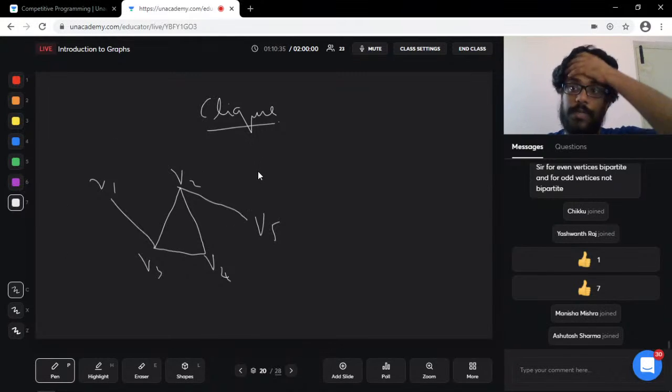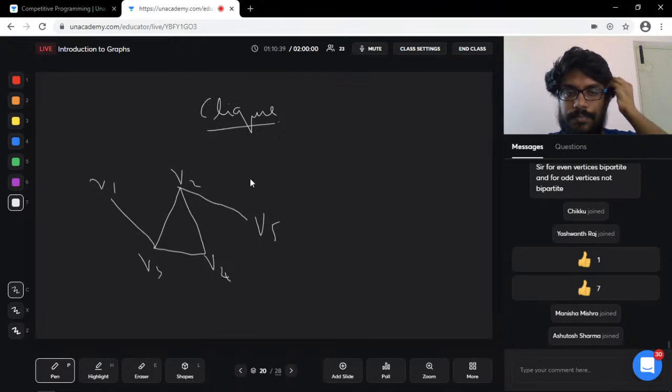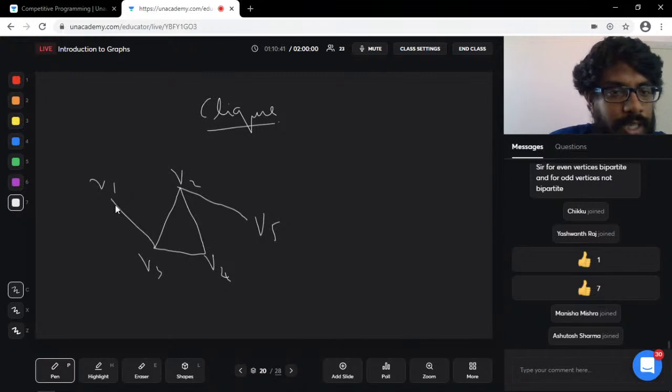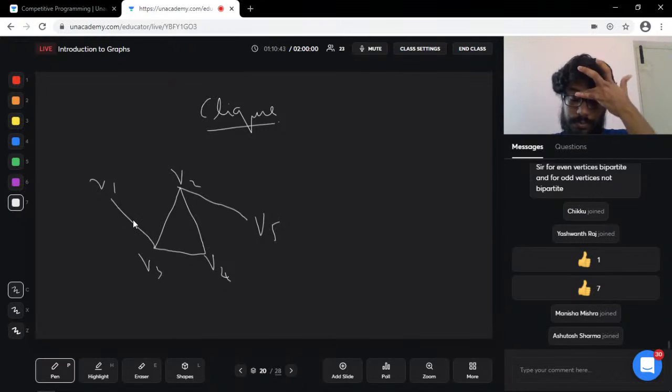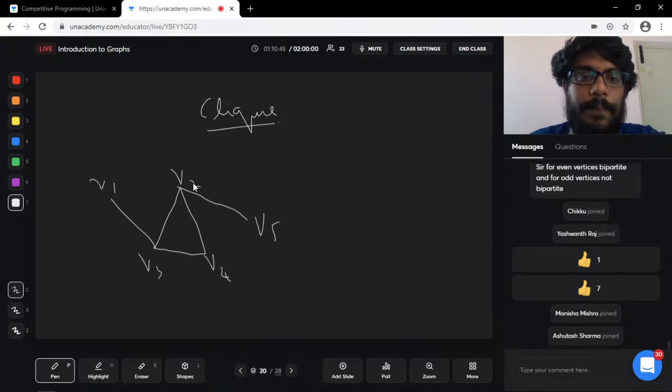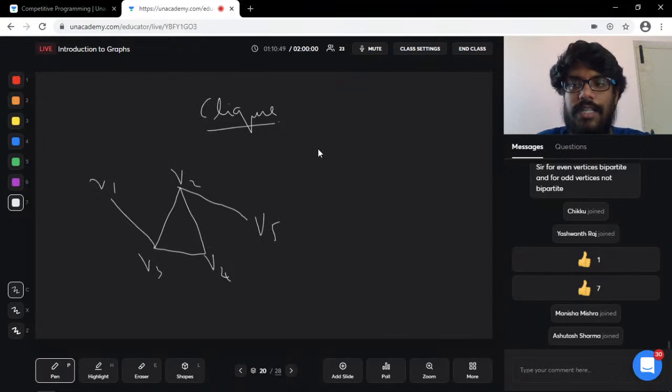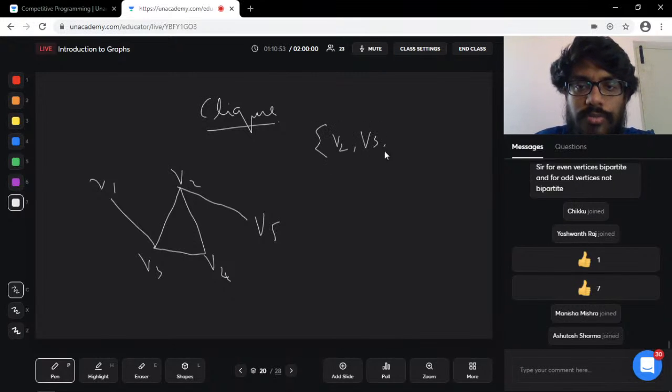So remember, what is a complete graph? A complete graph is a graph in which all the possible edges are present. So this is obviously not a complete graph because say v1, v2 itself is not an edge. But consider this induced subgraph which has only the vertices v2, v3 and v4.